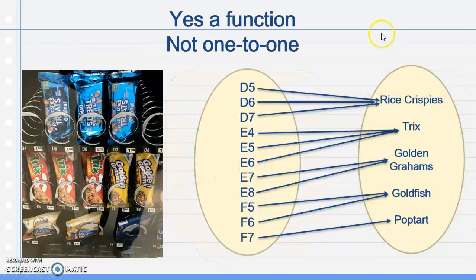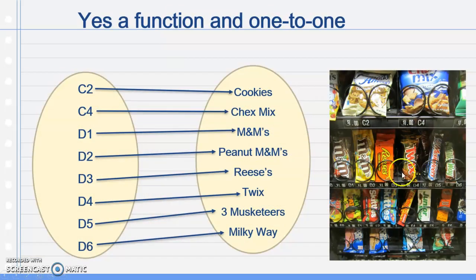In that first picture, we do have a function. Every input, which would be the letter and number you would type in to get the piece of candy, comes out with exactly one output. It is not a one-to-one function though, because you have multiple inputs that go to the same output. So you can see this here in this mapping. The second example is also a function.